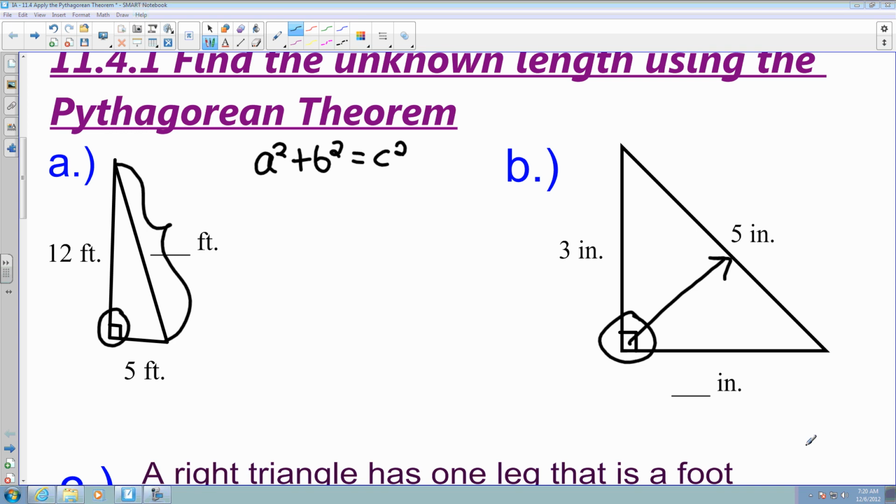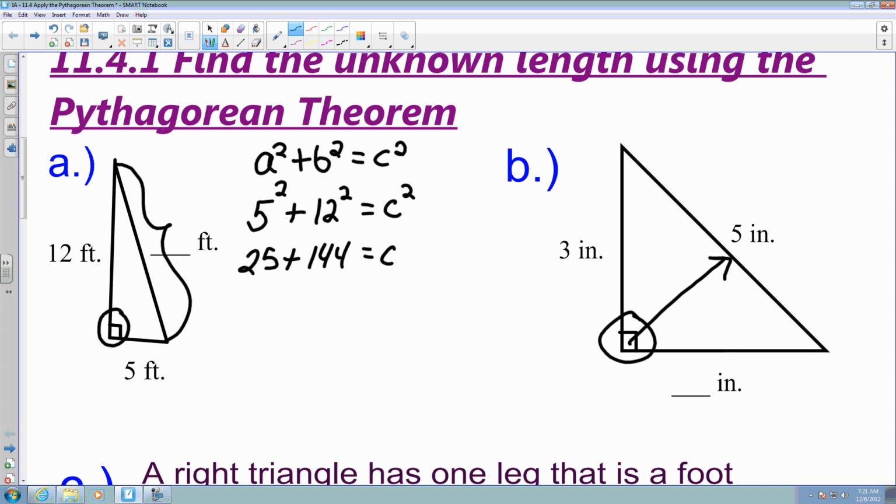So I'm going to use that same form. I'm going to use my smallest length as 5 squared plus 12 squared, which equals C squared. So if we square our 5 and our 12, 5 squared is 25, and 12 squared is 144, and so that's C squared.